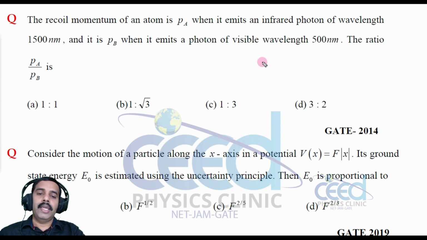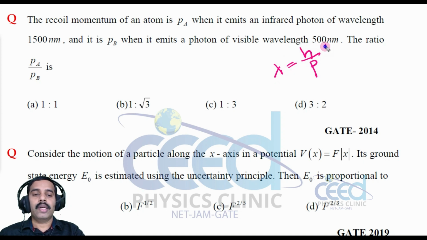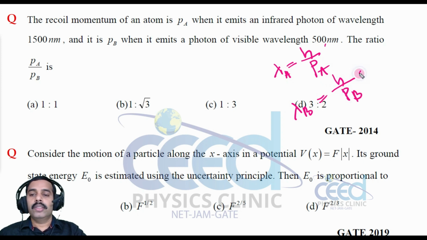So we are talking about the connection between wavelength and momentum. We already know the de Broglie wavelength lambda is equal to h by p. So lambda a is h by Pa, and lambda b is equal to h by Pb. We have to solve Pa by Pb.